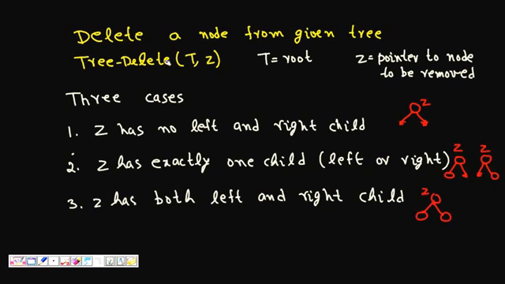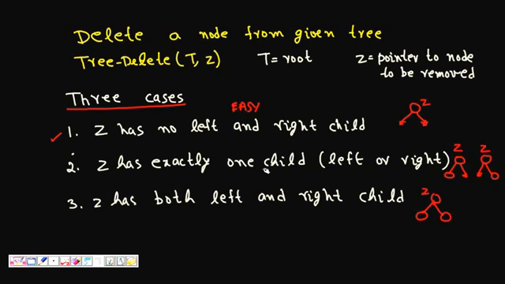If you are given a node which needs to be deleted, three cases will arise. First, the node Z, the pointer to that node, might have no child at all: no left child, no right child. This is a very easy case. Next in difficulty is if the node to be deleted has exactly one child, either the left child or the right child.